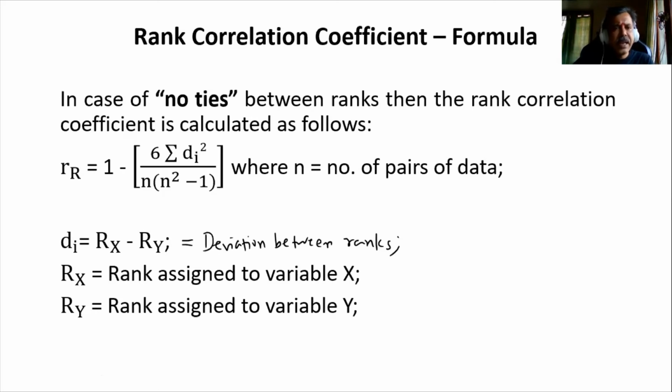That means i will range from 1 to n. If there are n pairs of data, then i will take n values.